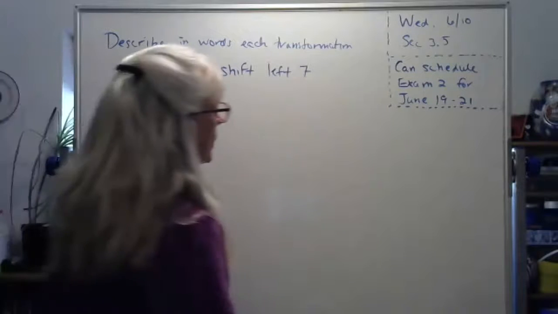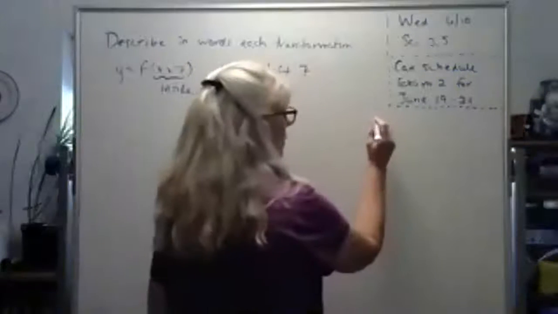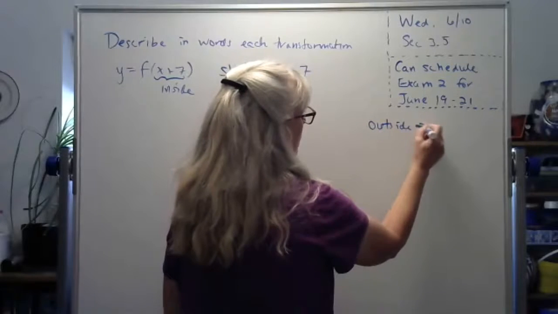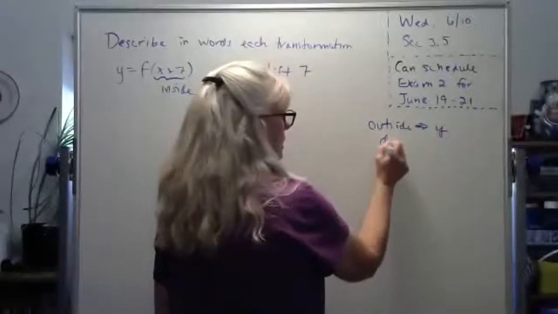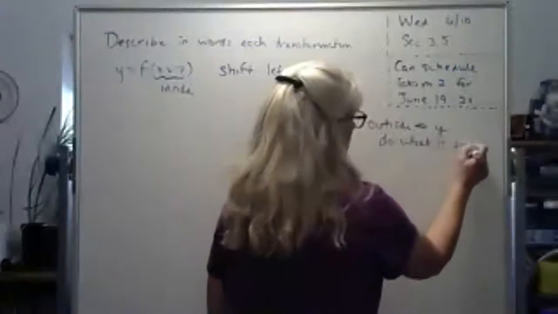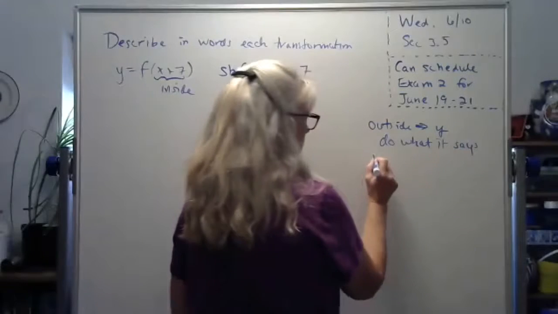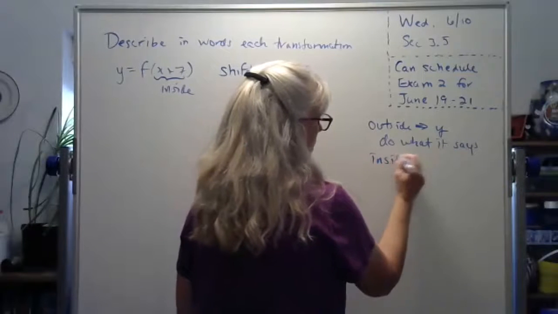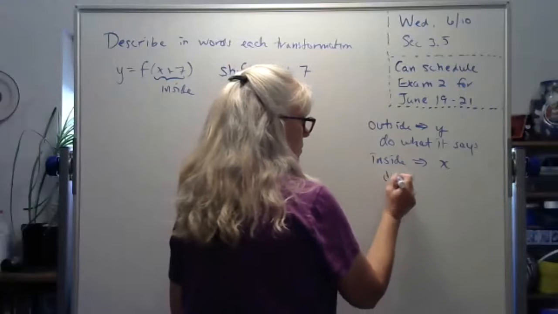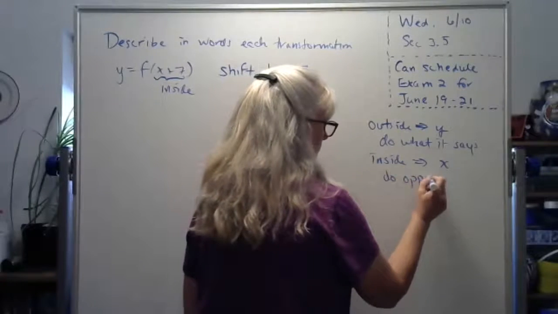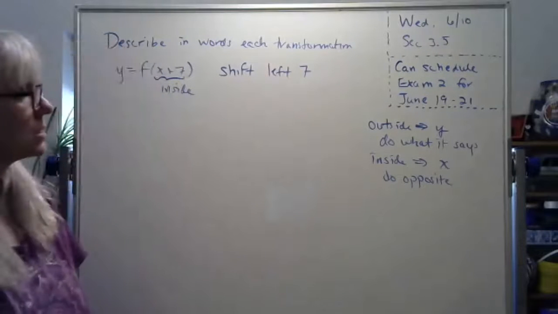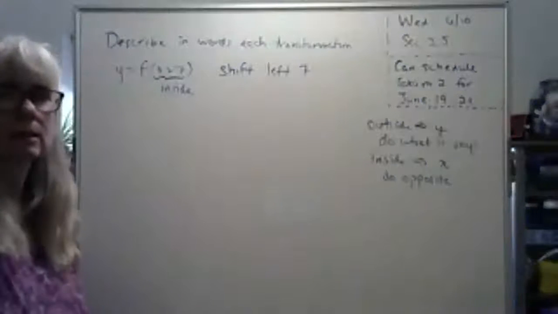So let's write our quickie reminder. If it's outside, it's in the y direction, and you do what it says. If it's on the inside, you change in the x direction and you do the opposite of what it says. So inside x, do the opposite; outside y, do what it says.